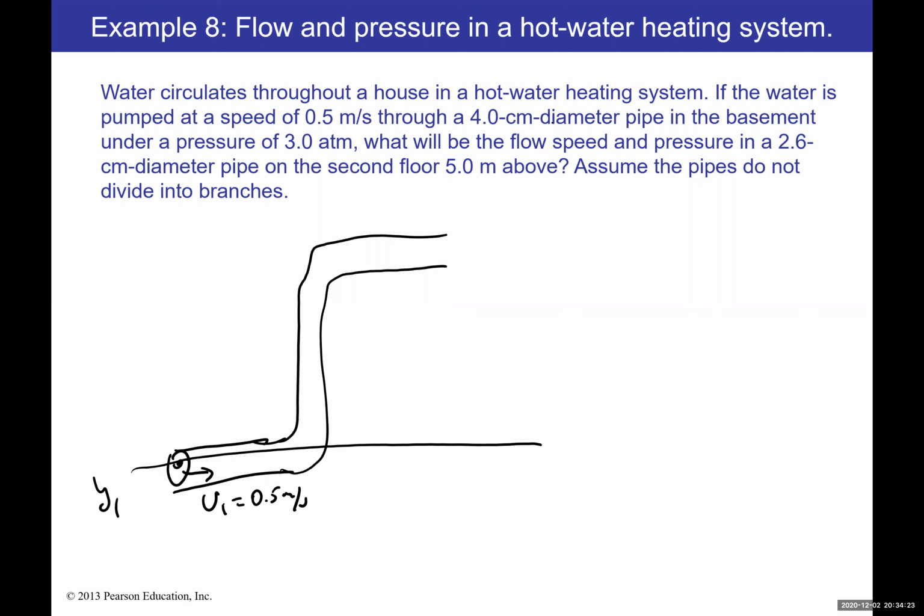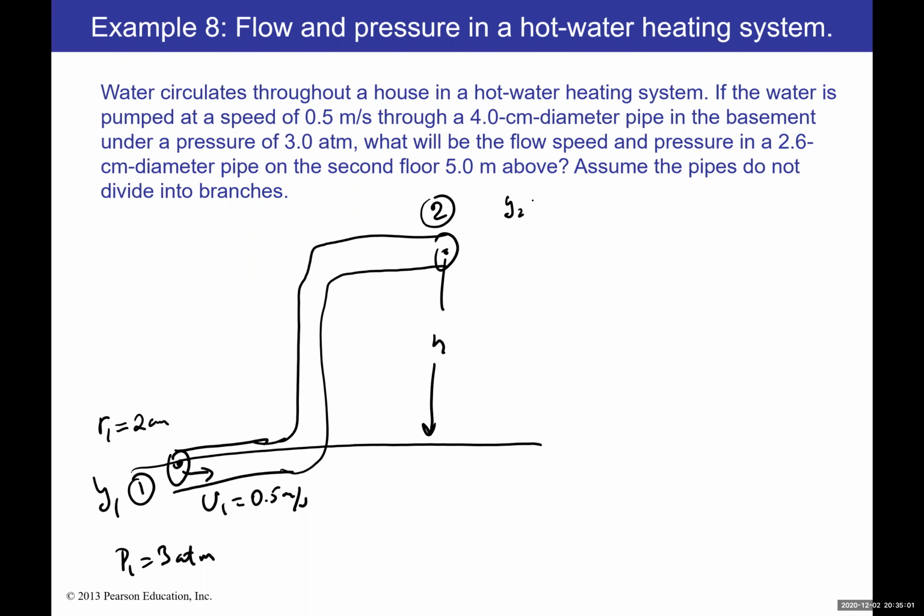It is a 4 centimeter diameter pipe, so the radius 1 is 2 centimeters. And the pressure 1 is 3 atm. Then when it goes to the second floor, we're going to take this to be point 2, and we're given that it is 5 meters above.